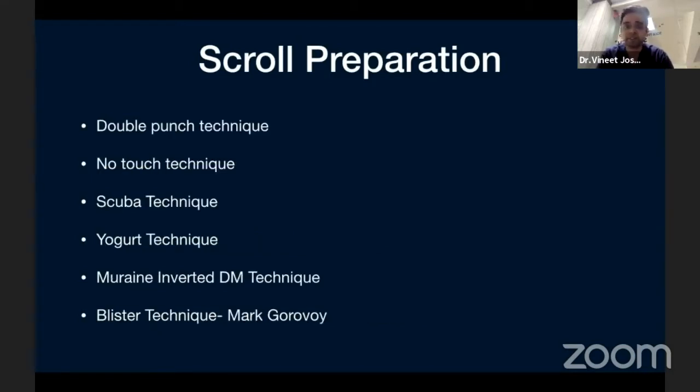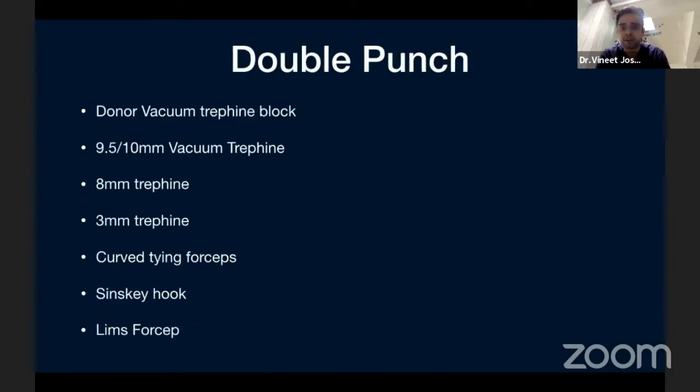There are various methods like the double punch technique, the no touch technique, the SCUBA technique, which involves the no touch technique under media, and some advanced procedures like the yogurt technique by Dr. Zamalis, the inverted DM technique by Dr. Mark Murin, and the recently introduced blister technique by Dr. Mark Gorovar.